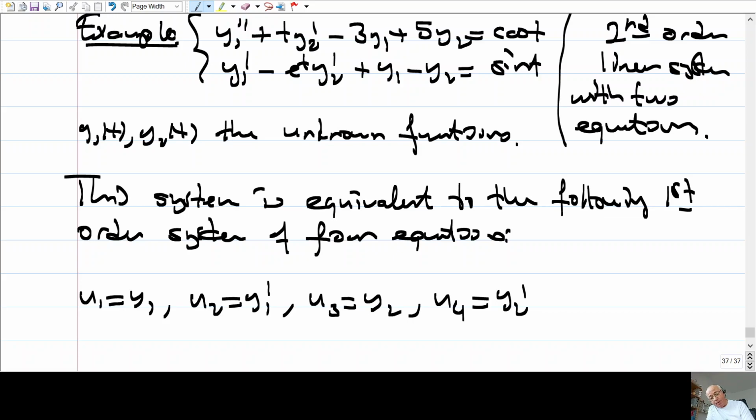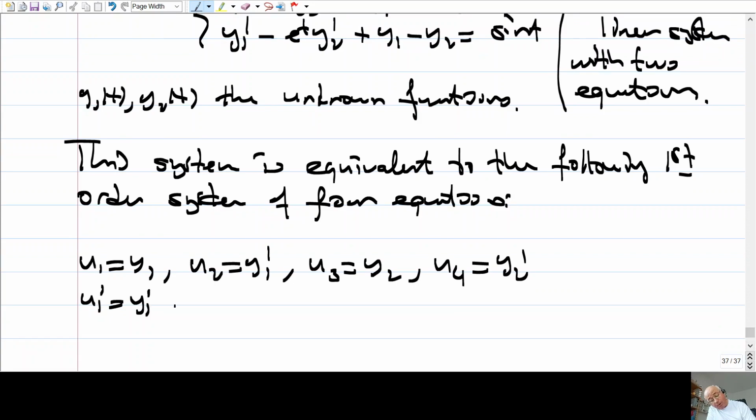But this time all the derivatives will be at most first order. Why is that? U1 prime is just Y1 prime, and Y1 prime is U2.